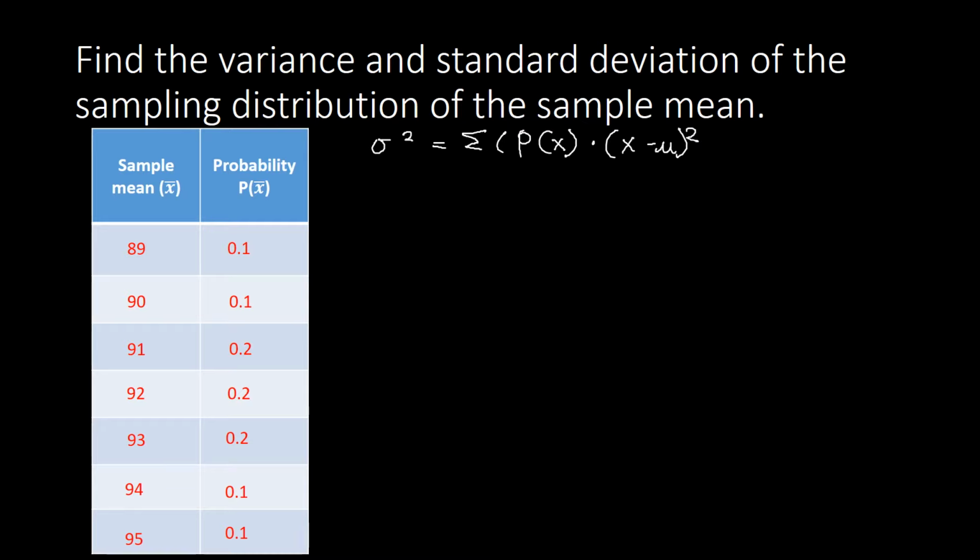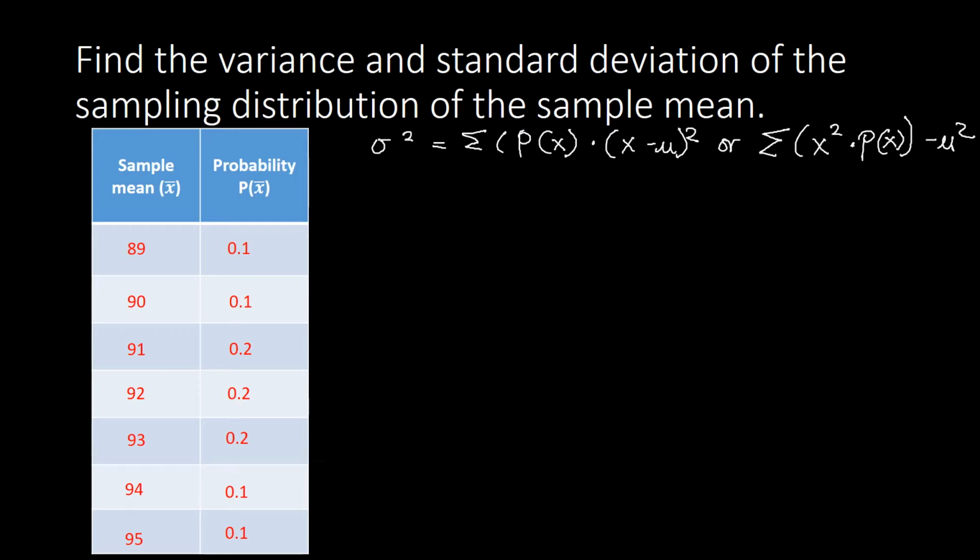And of course, you have another formula for this one in which you've got there also the summation of your x squared times P of x minus your mean squared. So this is your formula for your variance.